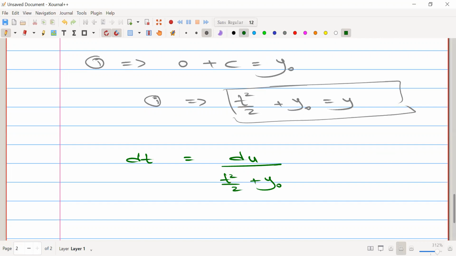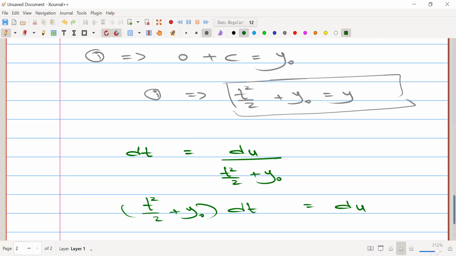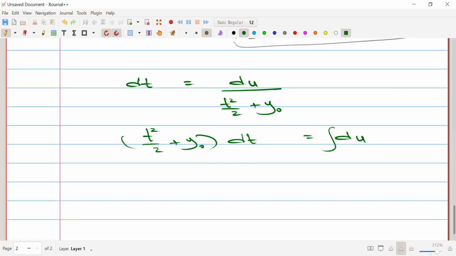Just take this denominator to the left side, and this is separable, so we can integrate the equation to get the result for u in terms of t. So it will be t cubed over 6 plus y naught t plus c1 equals u.